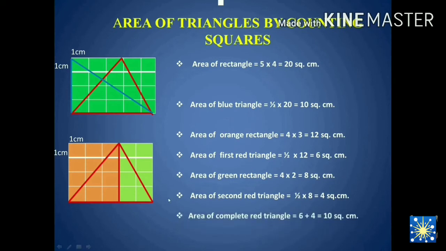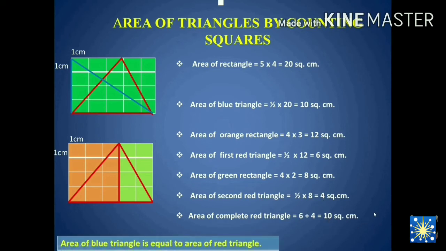So area of complete red triangle equal to 6 plus 4 equal to 10 square centimeter. Hence, we can say area of blue triangle is equal to area of red triangle.